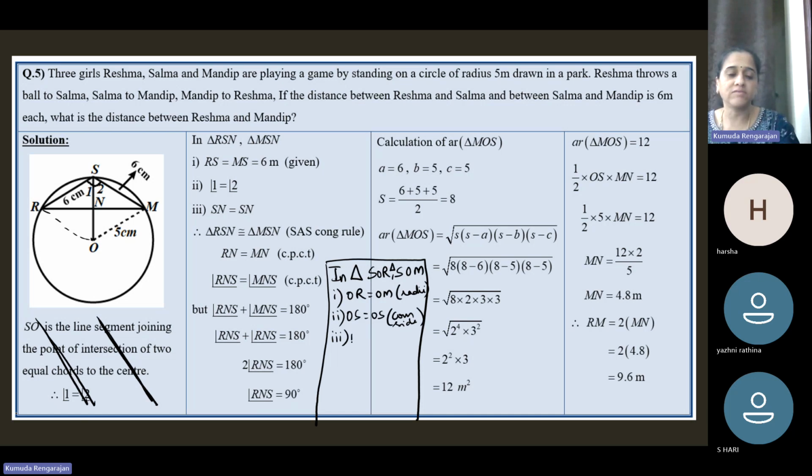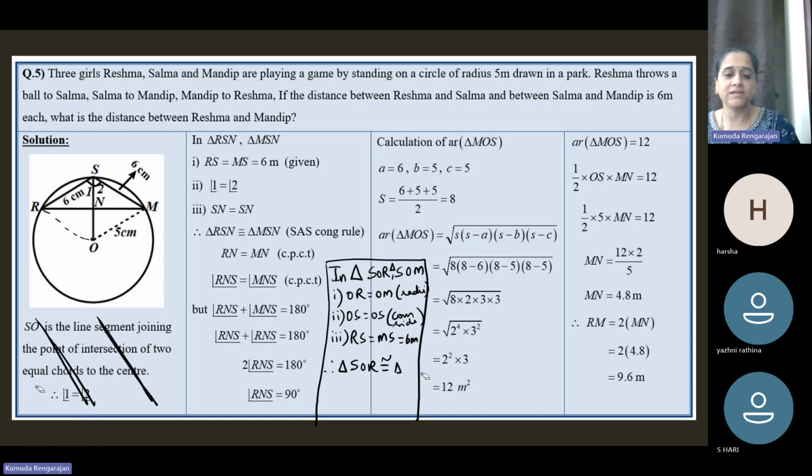And can we say RS is equal to MS? It's given, both equal to 6 meters. Therefore, triangle SOR is congruent to triangle SOM.